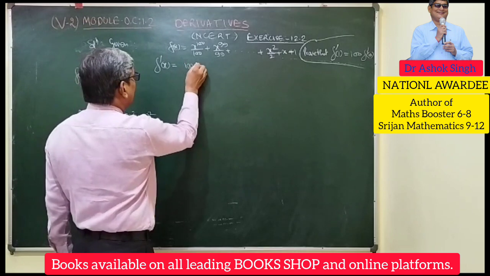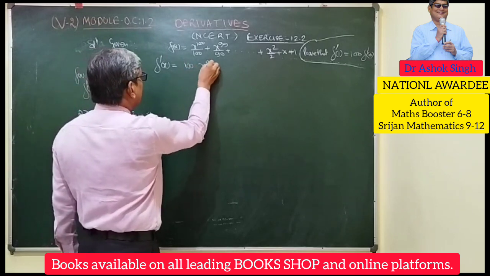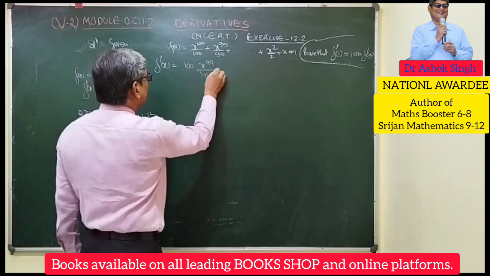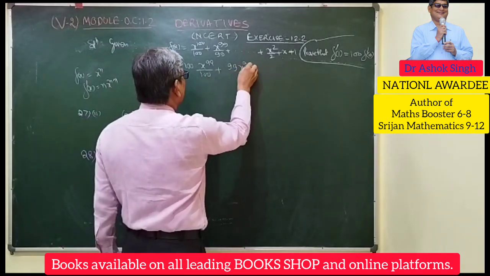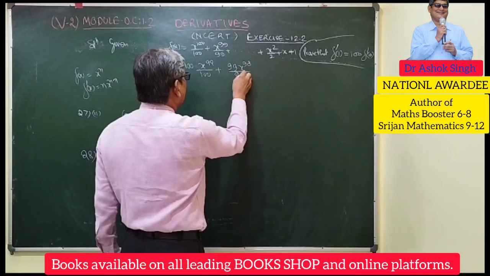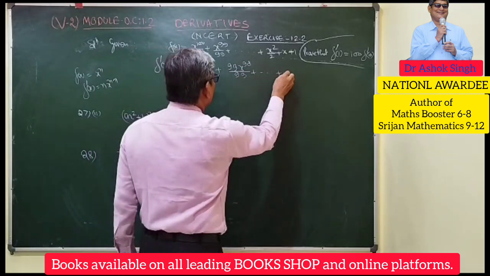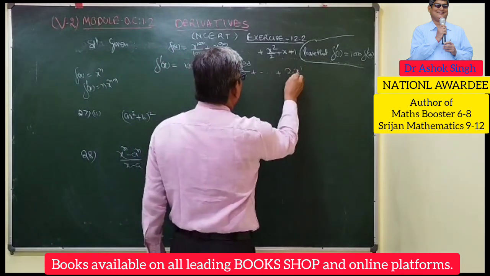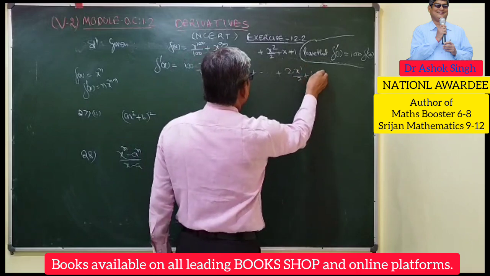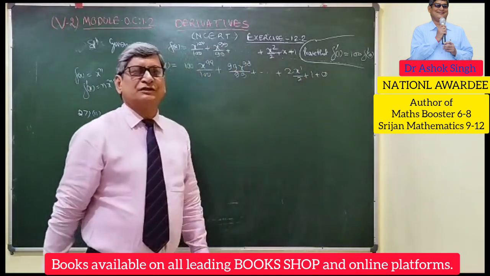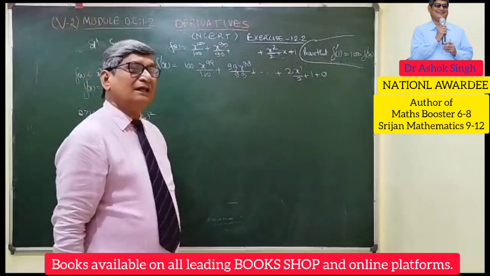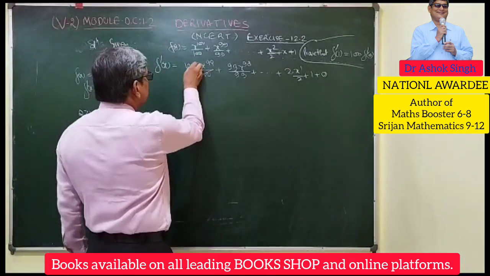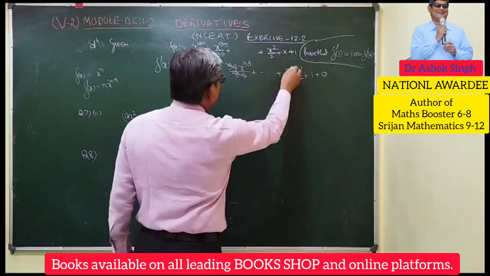You are going to have 100 x to the power 99 divided by 100, plus 99 x to the power 98 divided by 99, and so on, up to 2 x to the power 1 divided by 2, plus 1, and plus 0. You have differentiated using a single formula, n x to the power n minus 1. These two things get cancelled.